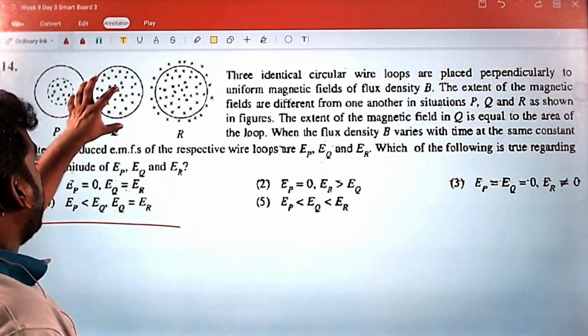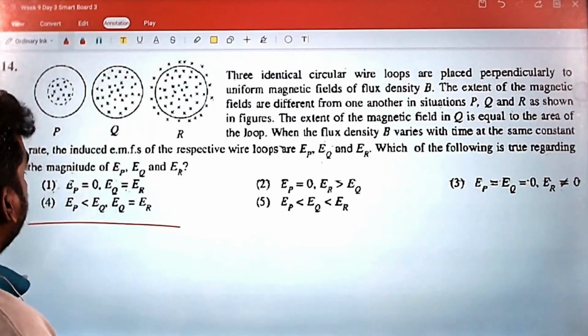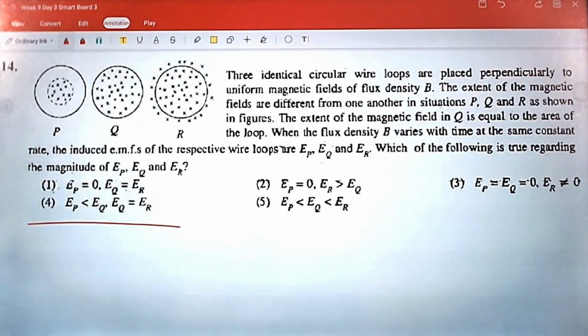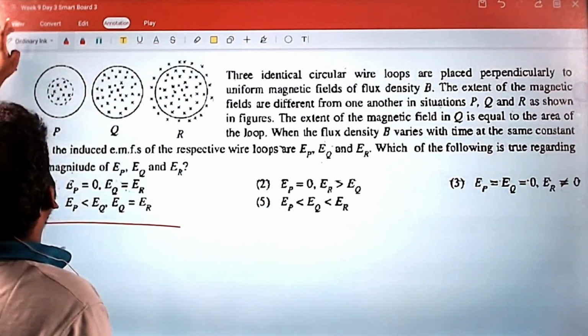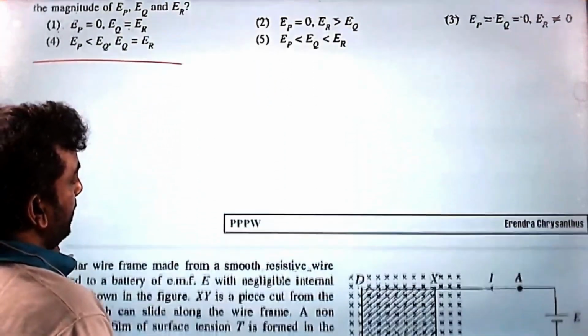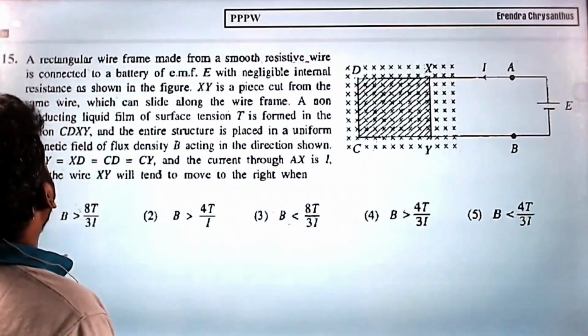The magnetic field linking loops Q and R are equal. But the magnetic field linking the smaller loop P is small. Therefore, there is a smaller EMF.